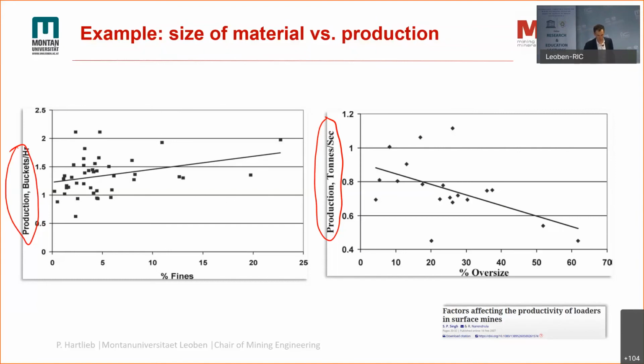So these authors demonstrated that when you have a high degree of oversized material, your productivity will go down. Equally, if you have a high degree of fines, your productivity will go up. I'm not so sure whether everybody would back this statement, but at least that's what this evaluation has shown.